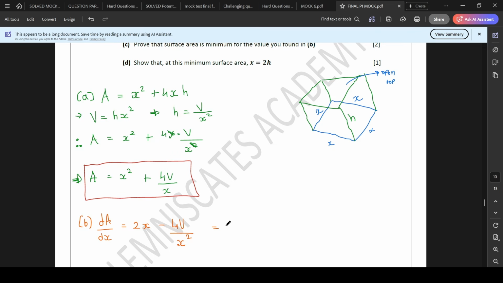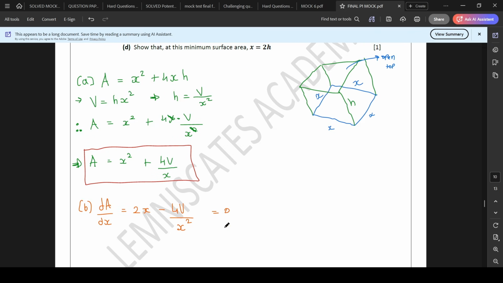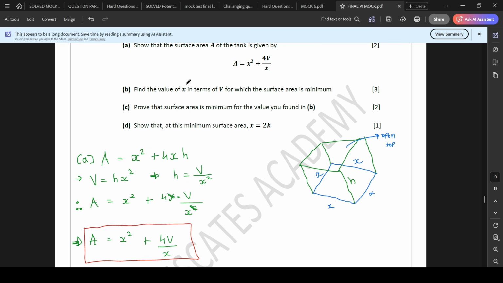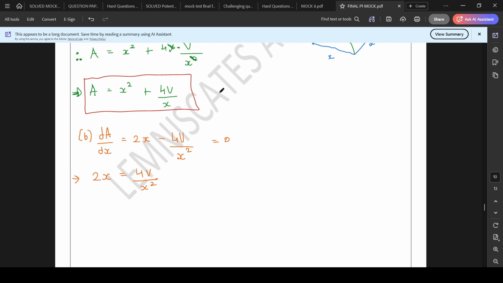Now this is equal to 0 for the stationary value of A. So I can say that my 2x is equal to 4V by x square. Now the question asked me to find the value of x in terms of V. So I think we are pretty good to go now. So it will be x cube, and 4 by 2 will be 2. So 2 2s are 4.